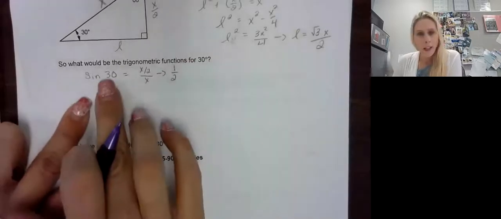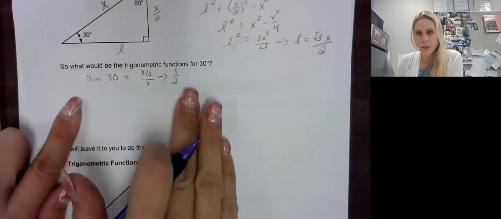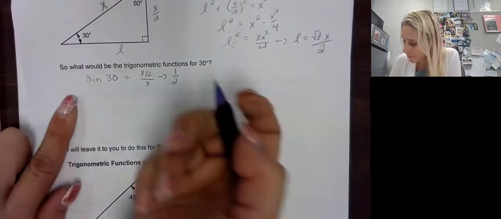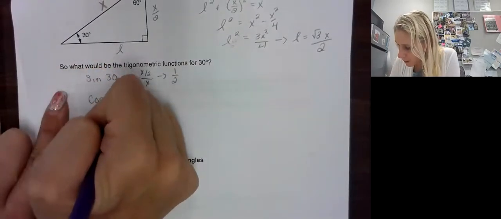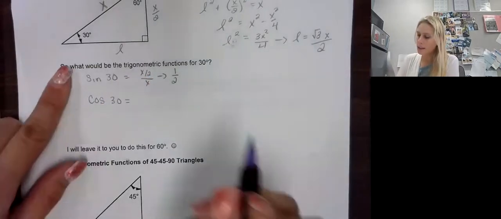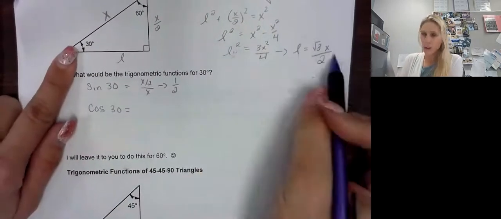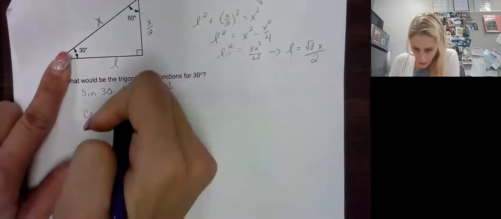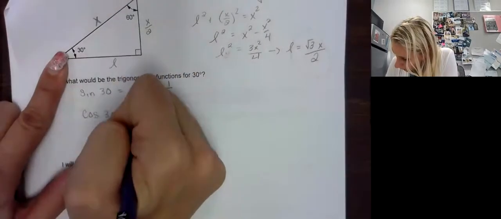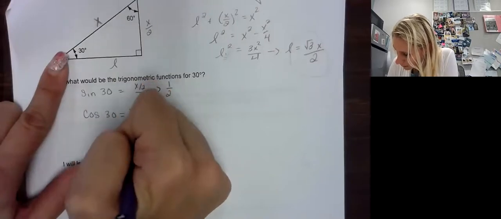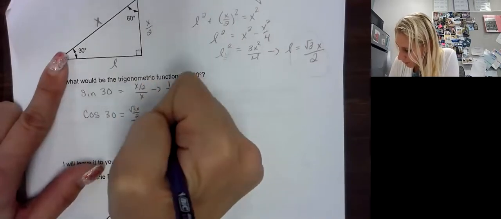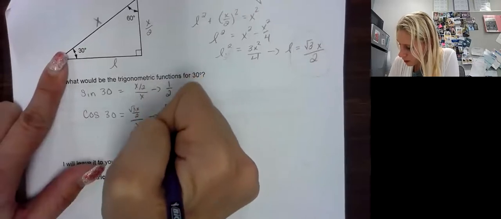So sine of 30 will always reduce to 1/2. Cosine of 30. Well, cosine of 30 is adjacent, which this is our adjacent right now, over x. So we get square root of 3x over 2 all over x, which leaves us with square root of 3 over 2.